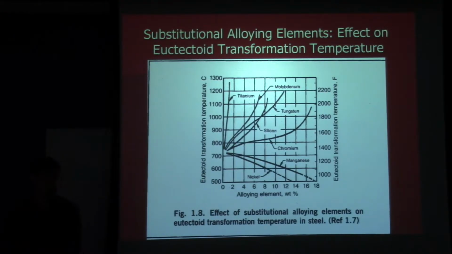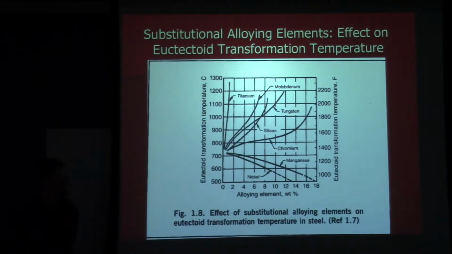And on cooling, it's when austenite goes to ferrite and iron carbide. It's the one temperature where you have a solid going to two new solids, or two solids going to a single solid, right? So that's the eutectoid temperature, the eutectoid composition being about 0.77 to 0.8 carbon, right?